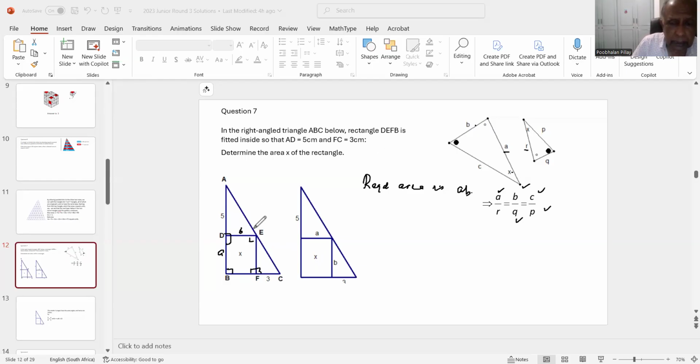Now, in this picture here, this angle here is equal to this angle here by corresponding angles. This line is parallel, therefore these two are equal. The 90 degrees is also repeated in this triangle. So you got 90 degrees. Of course, the third angle will also be automatically equal.